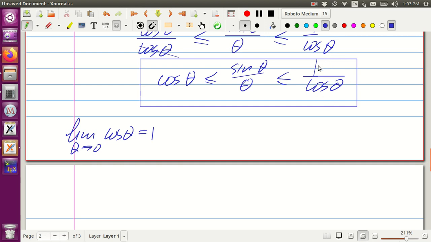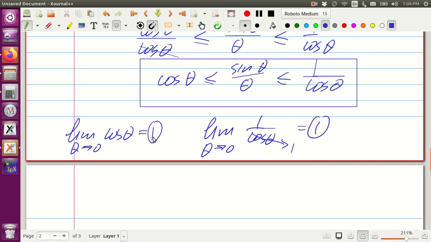We also need to calculate the limit of the right side and see if it's going to be equal to 1. So the limit when theta goes to 0 of 1 over cosine of theta. Again, by direct substitution on the bottom we get 1, so it's 1 over 1, which is also 1.